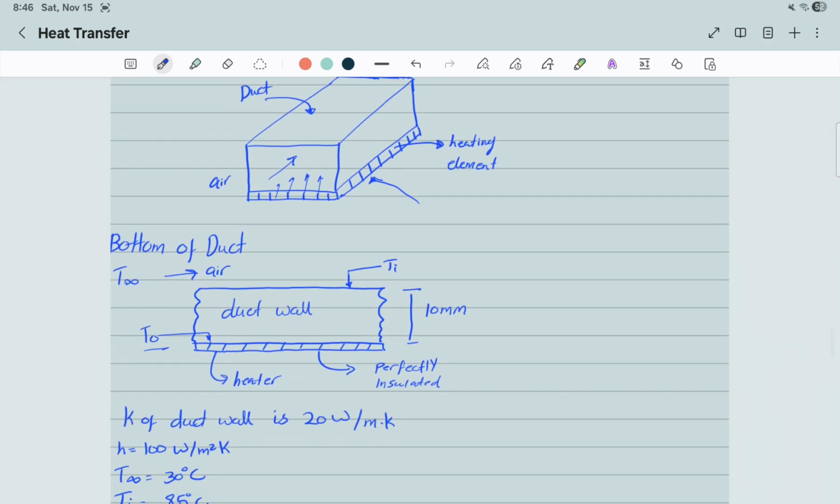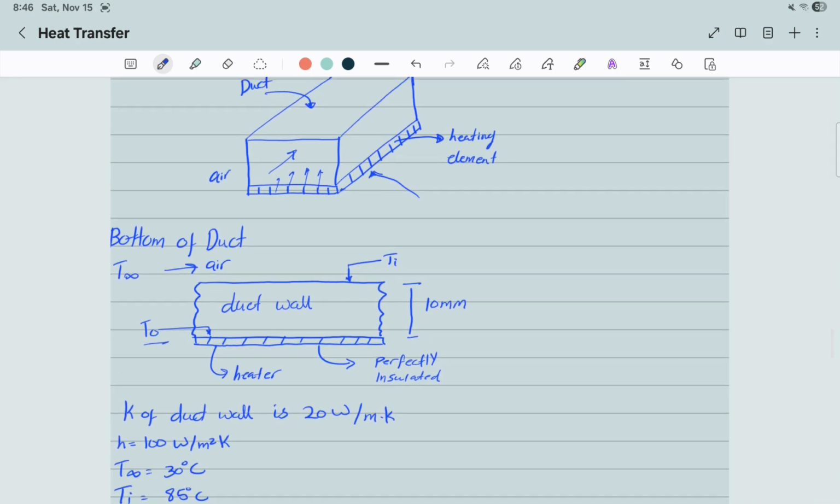So if we take a look at it from another angle, this here is the bottom of the duct. This is the heating element right there, and this is the duct wall at the bottom, which is 10 millimeters thick. And on top here is the air that's flowing, the ambient air that's flowing to be heated.